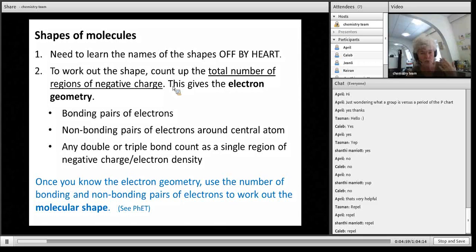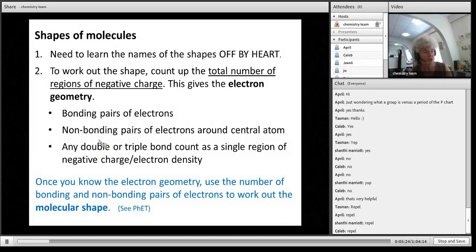You will get to know and be able to spout it out like I'm doing now, but it does come with practice. So you count the number of negative charge regions, and then you apply the shape. You look at the bonding pairs and the non-bonding pairs, work out the electron geometry, and then the molecular geometry.